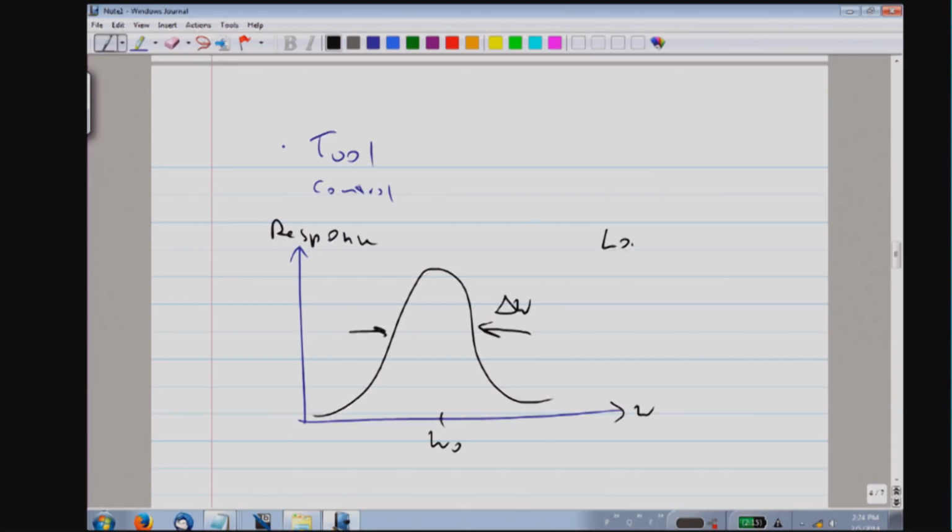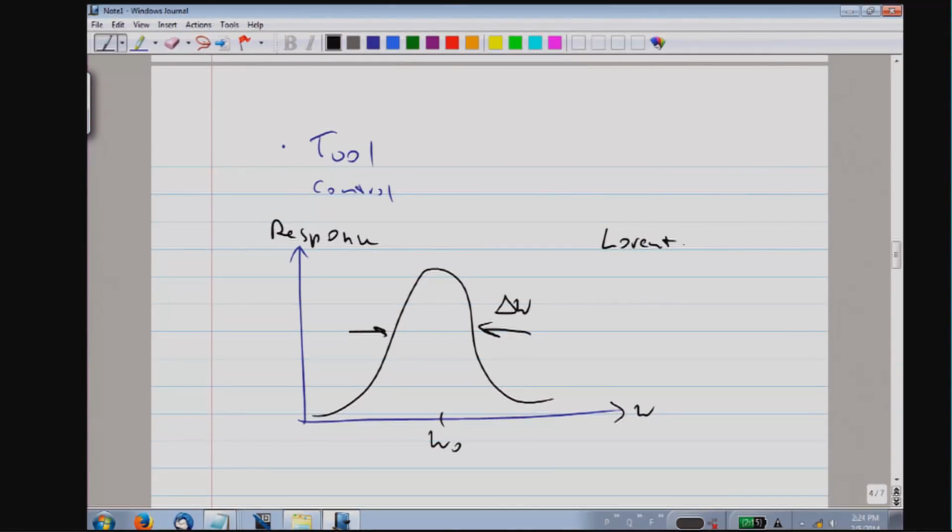In many cases, and we will discuss them in great detail, the line shape is a Lorentzian. And the Lorentzian is the imaginary part of a 1 over x function, omega naught minus omega.